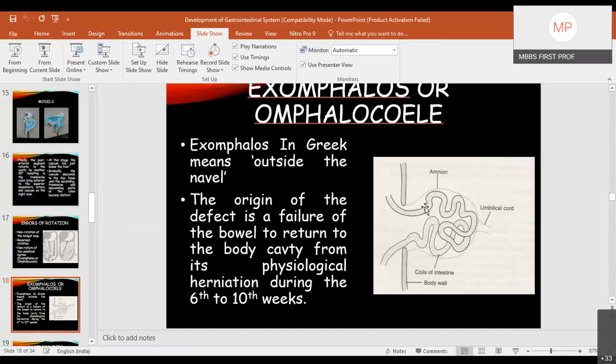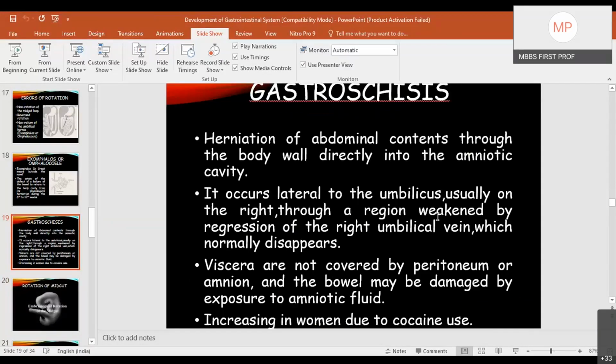Okay. Whereas in case of gastroschisis, the herniation of this abdominal contents is directly into the amniotic cavity. वो umbilicus के laterally होता है, usually to the right side, because of the weakened area that is formed by the regression of the right umbilical vein. ठीक है?